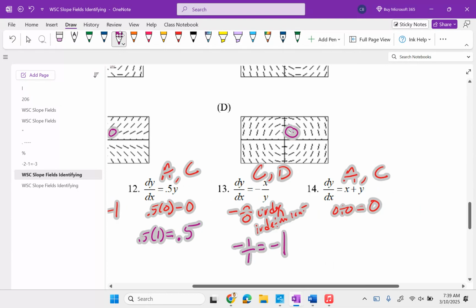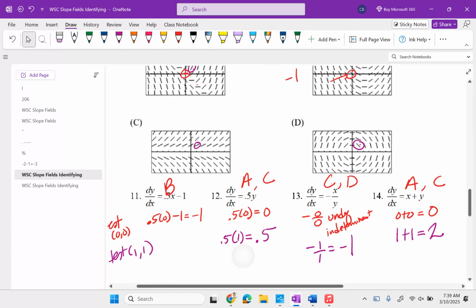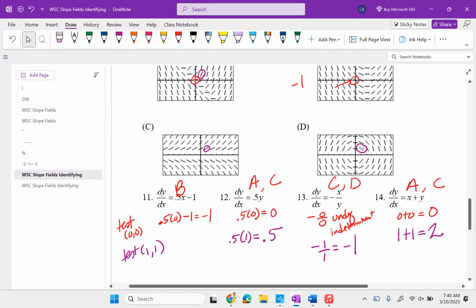And then if I put 1 in here, I get 1 plus 1, which is 2. It's okay. Our brain grew early on a Monday. That's all right. Let's go back and look at our graphs again. Which one is for sure? Which one belongs to graph D for sure? 13. So this one is definitely graph D.